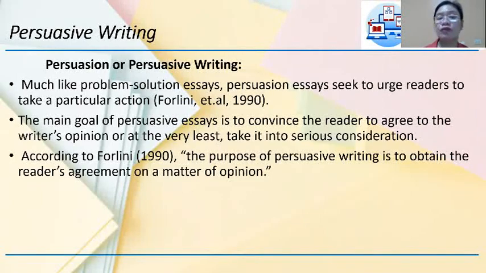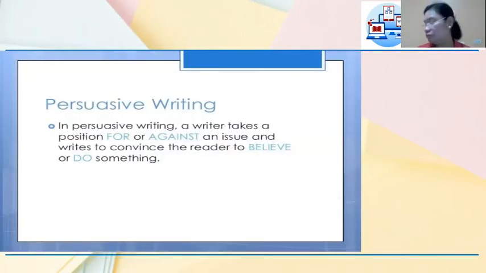And according to Forlini in 1990, the purpose of persuasive writing is to obtain the reader's agreement on a matter of opinion. Now, in persuasive writing, a writer takes a position for or against an issue and writes to convince the reader to believe or do something on your claim.